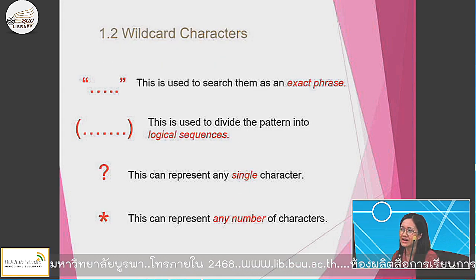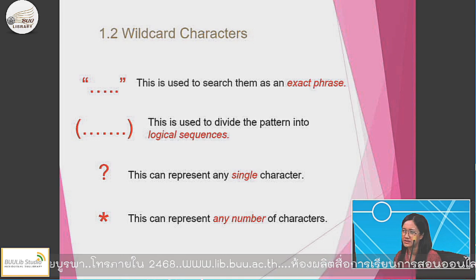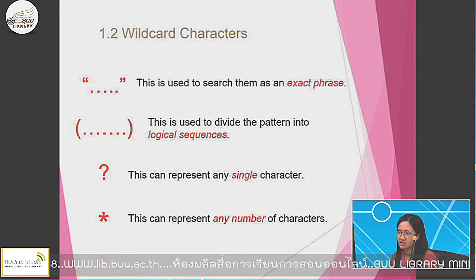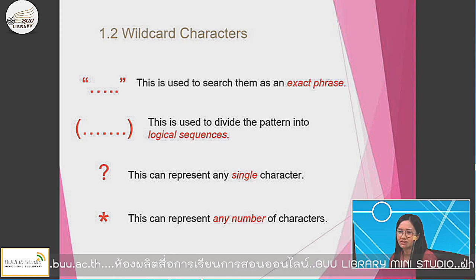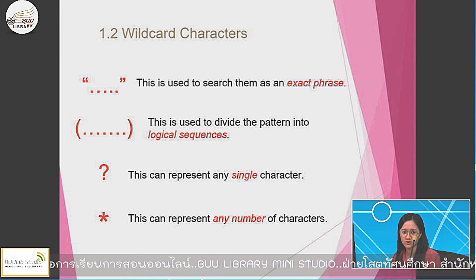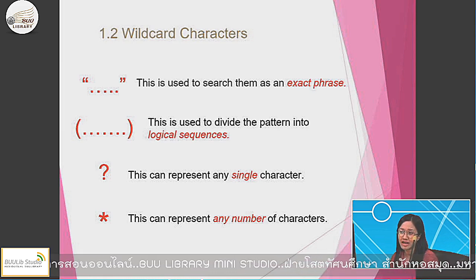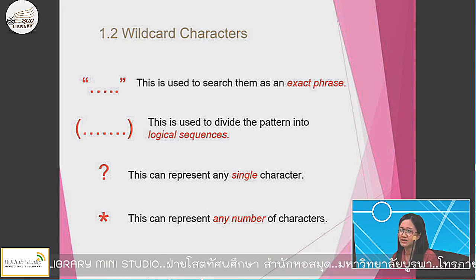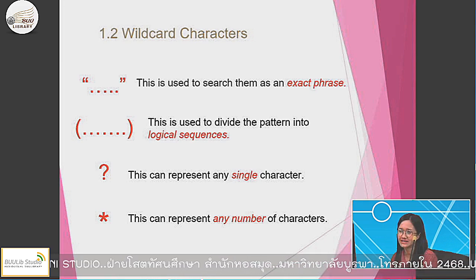1.2 is about wildcard characters. First is the quotation mark. I think everyone is familiar with this one. When you go to Google Scholar, you can use the quotation mark to search as an exact phrase.